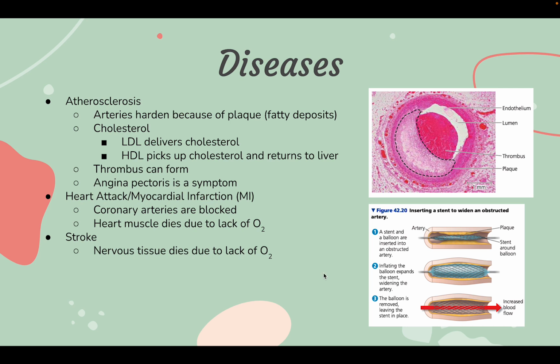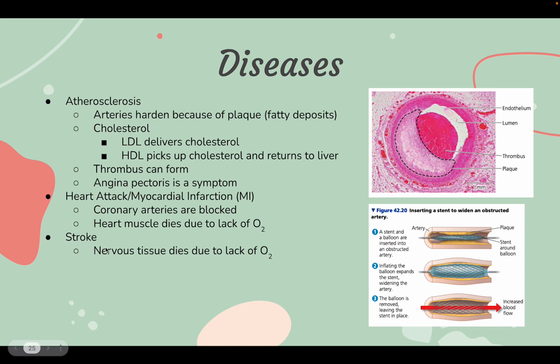So yeah. And then a heart attack or myocardial infarction is where coronary arteries are blocked. Coronary arteries are the arteries that supply blood to your heart. And if they're blocked, heart muscle is going to die due to a lack of oxygen. And that's what a heart attack is.